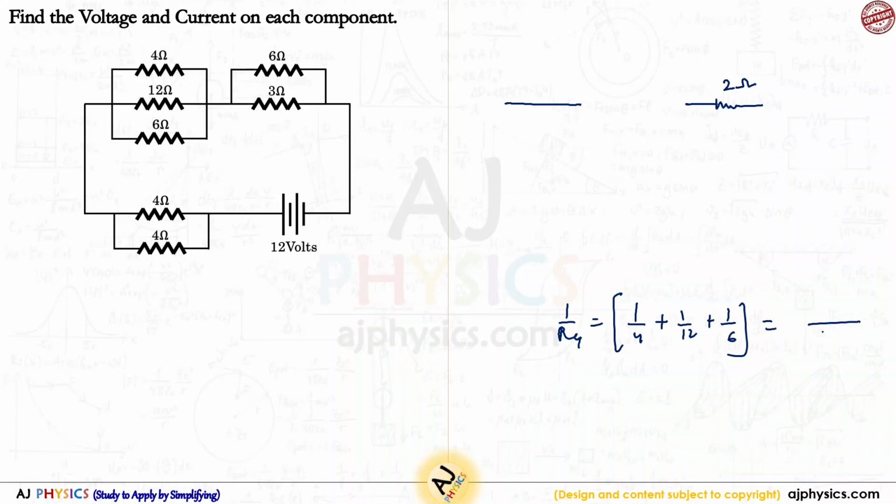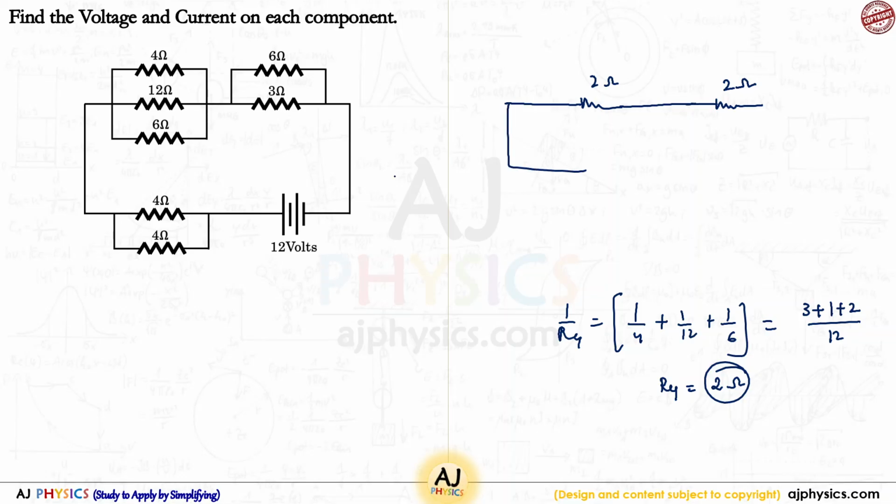The LCM should be 12, and that would be 3 plus 1 plus 2. So R equivalent would be equal to 12 divided by 6, so that is 2 ohms. This circuit is also 2 ohms.